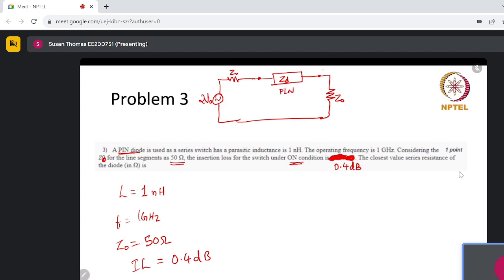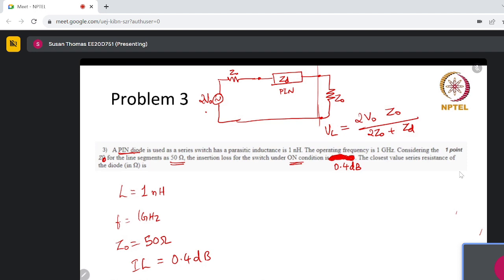Now, taking VL, that means the voltage across the load. How do we take VL? VL is 2V0, that is the source voltage, multiplied by Z0 divided by 2Z0 plus ZD. That is the load voltage.